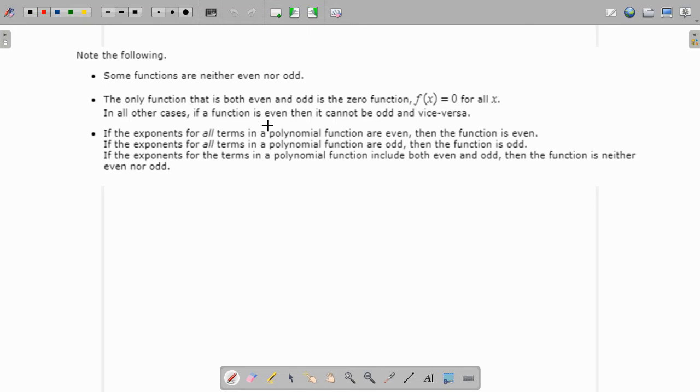In all other cases, if a function is even, it cannot be odd. This is the one I like. If all your powers, so if all your terms are even, the function's even. If all your terms are odd, the function is odd.